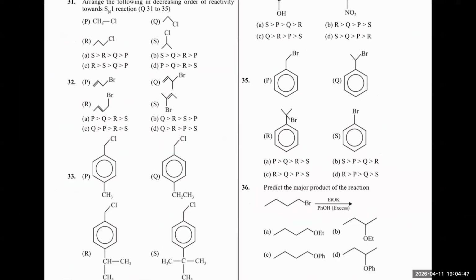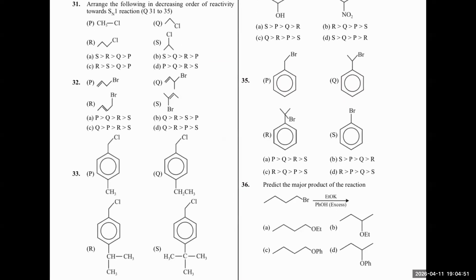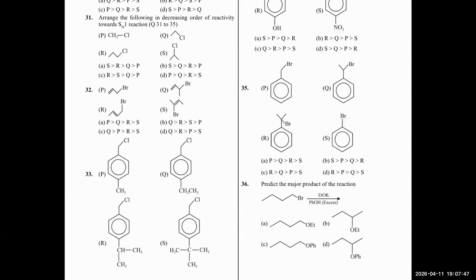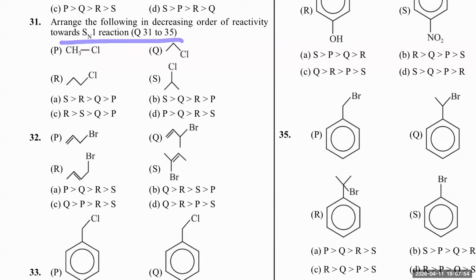Now, take these three cases and do SN1, 31, 32, 33. Quickly try this out. So please check this out. If you want to check the order of SN1 here, you need to check the most stable carbocation.